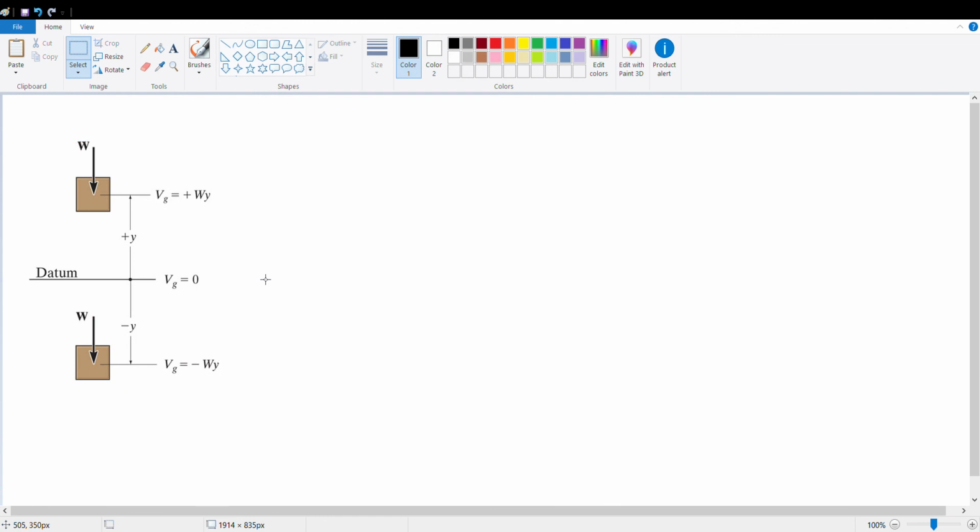The datum is the arbitrary point with respect to which we will measure the potential energy. Basically the potential energy is the work done to bring, in the case we are lifting the box, the box up there, so this Vg is equal to the weight times the height, and if we're bringing it down, it's negative with respect to the datum. There is also an elastic potential.